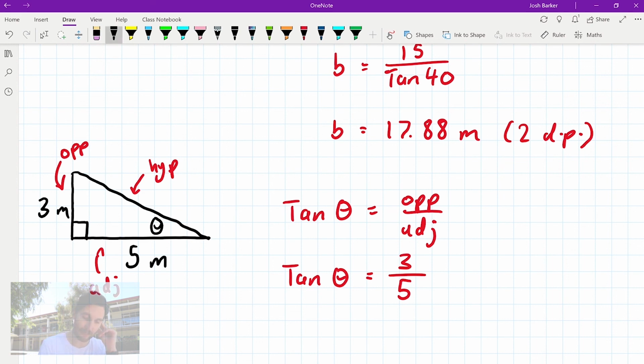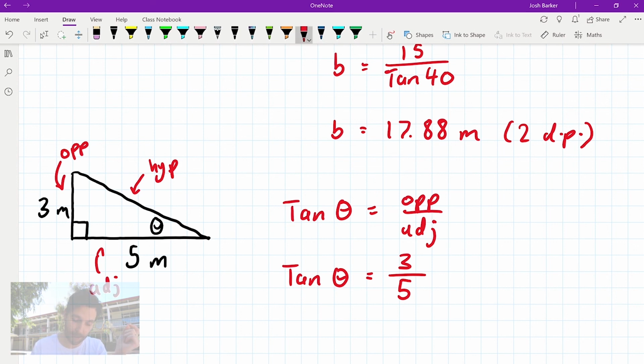What we do instead is use the inverse function of tan. The reason that works is if I apply that inverse function to both sides, on the left hand side it'll cancel off and just leave us with the angle, but on the right hand side we'll just have that inverse tan function that we apply to, in this case, 3/5.